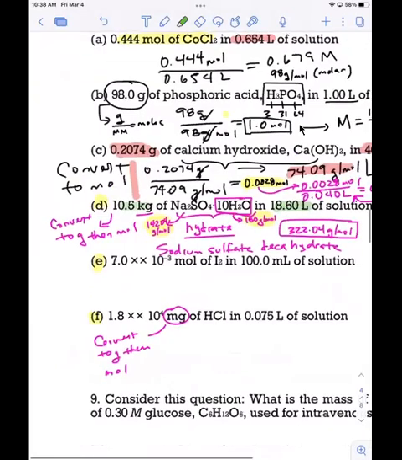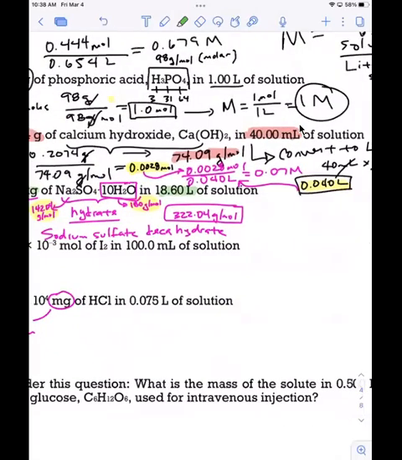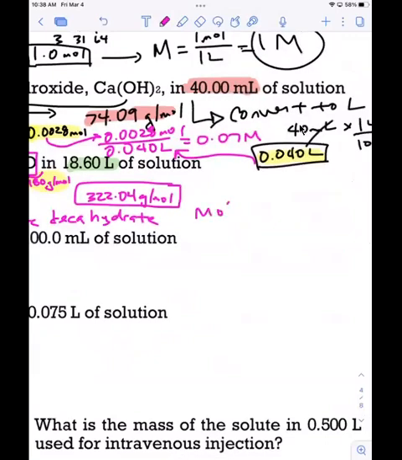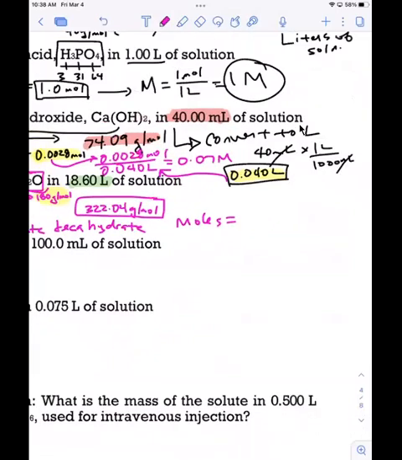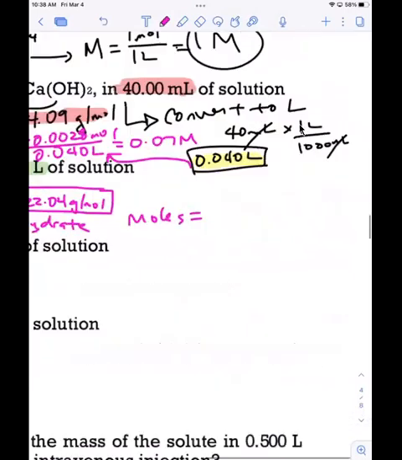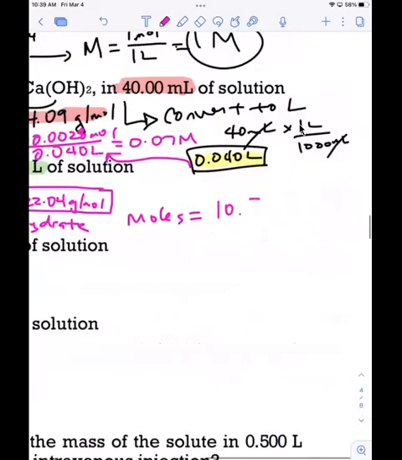And then this has to be converted into grams and then to moles using that molar mass, and you're good. So the moles would be, what would that be? 10 kilograms times 1,000 grams, divided by the molar mass.